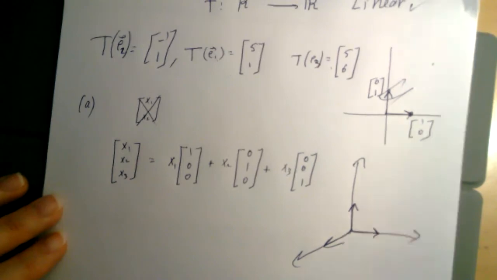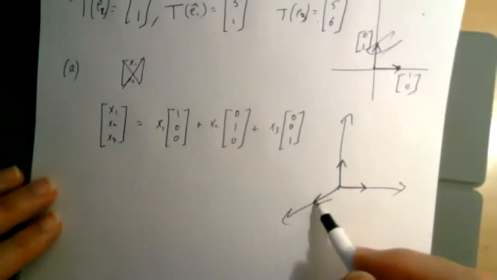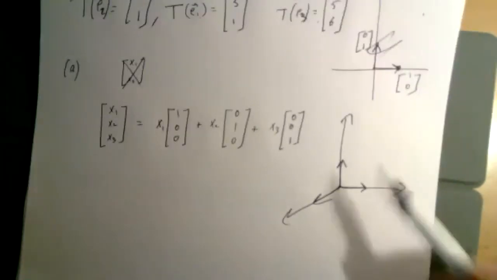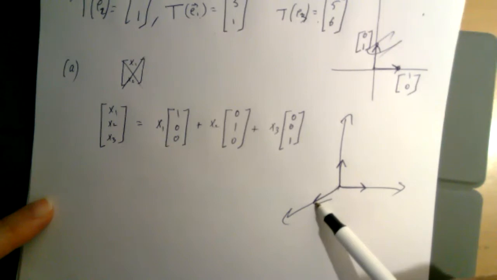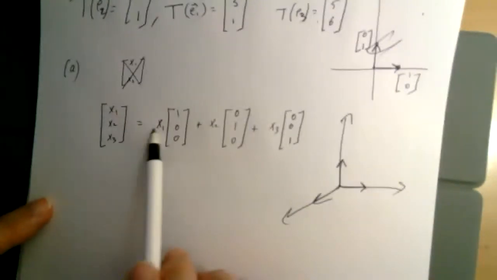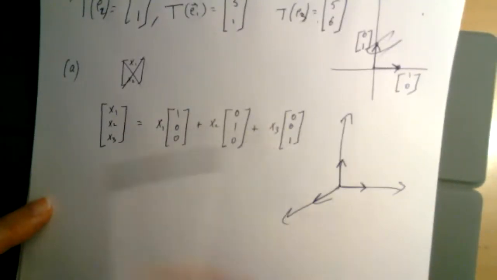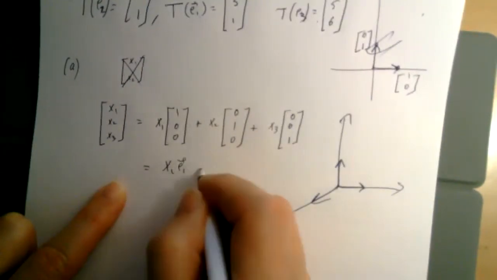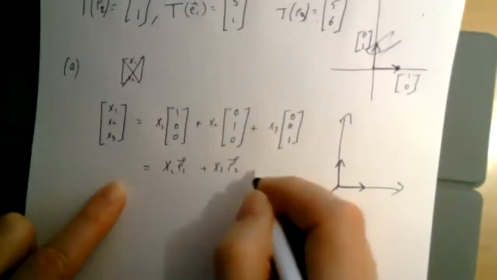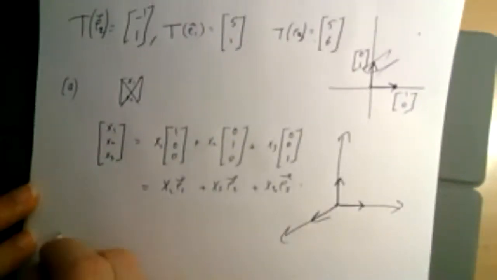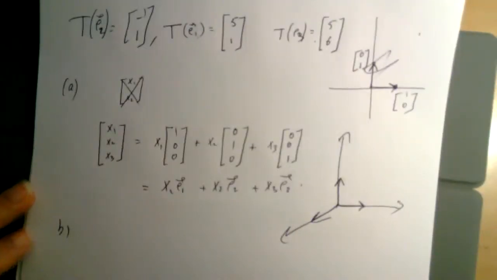So that was my first question. Every vector could be written as a combination of E1, E2, and E3. And as I said, you've seen that definitely in 261, in Calculus 3, that's the i, the j, and the k vector. We call them E1, E2, and E3. And every vector could be written x1 i, x2 j, x3 k. That's really what we are doing, but we give them another name. So that's x1 e1, x2 e2, x3 e3.